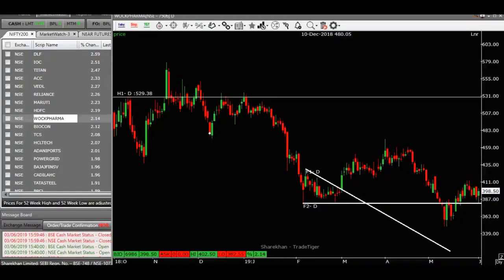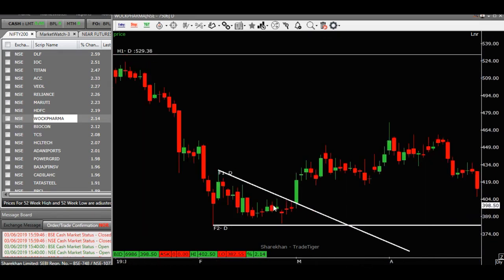So now let's look at some examples. Okay, this is a stock called Walk Pharma, and we can very clearly see here that we have a descending triangle. Why is it descending? Lower highs and similar lows.